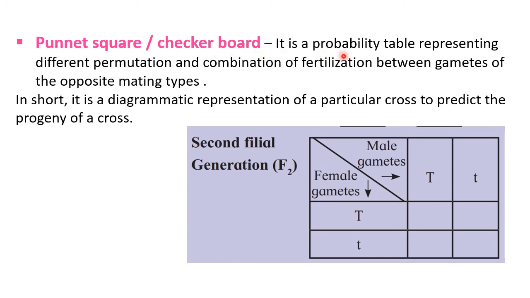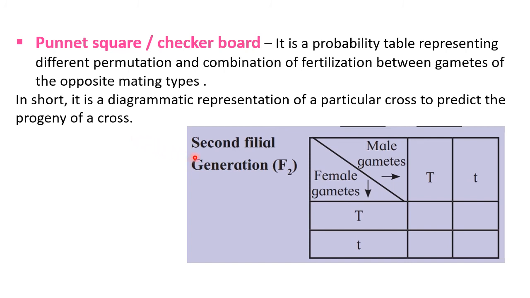It is a probability table representing different permutations and combinations of fertilization between gametes of the opposite mating types. In short, it is a diagrammatic representation of a particular cross to predict the progeny of a cross.